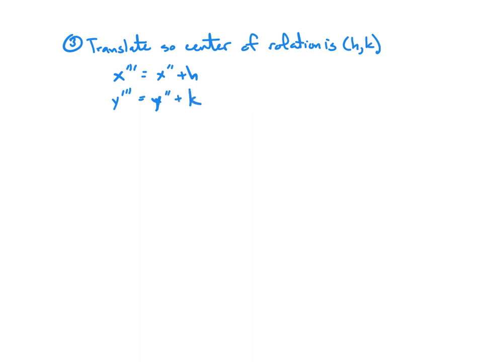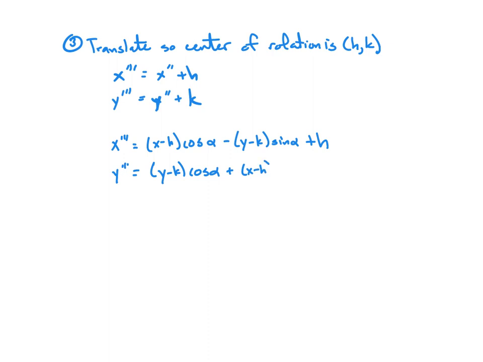And so we get that the final result is (x minus h) cosine alpha minus (y minus k) sine alpha plus h, and the image of y is (y minus k) cosine alpha plus (x minus h) sine alpha, and then we add k.